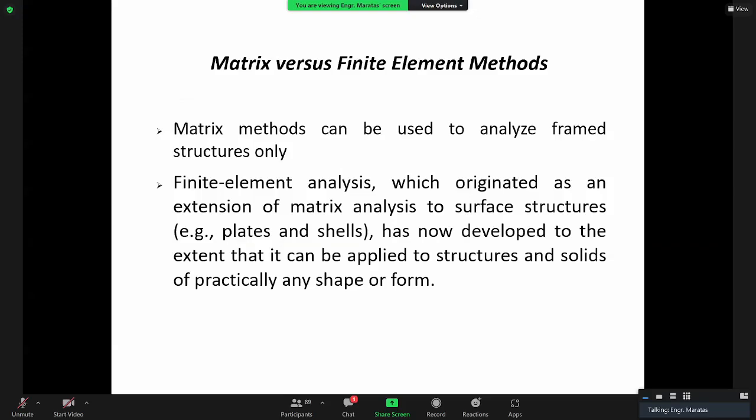So this finite element method originated from the matrix method of analysis. It is particularly applicable to plates and shells, for example slabs or walls. So this is where you use the finite element method.